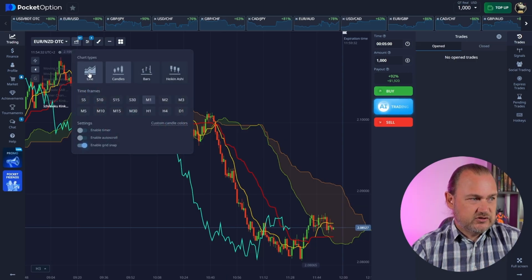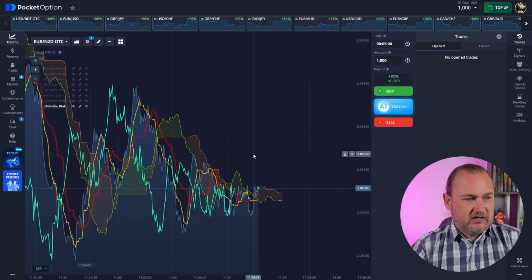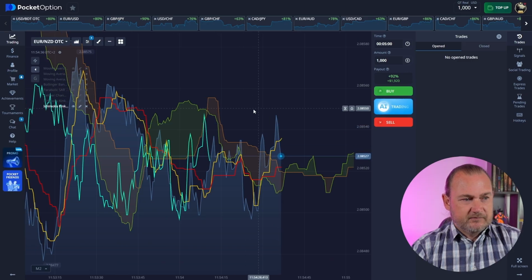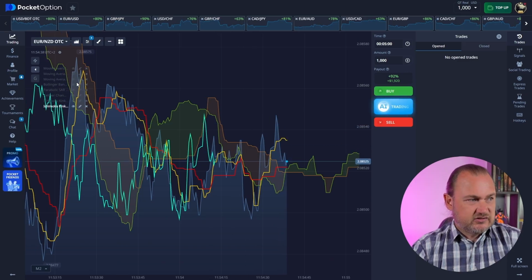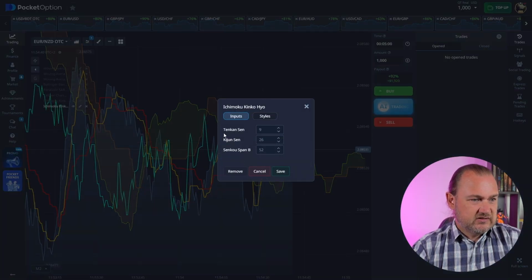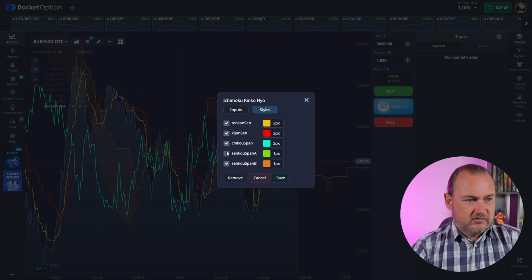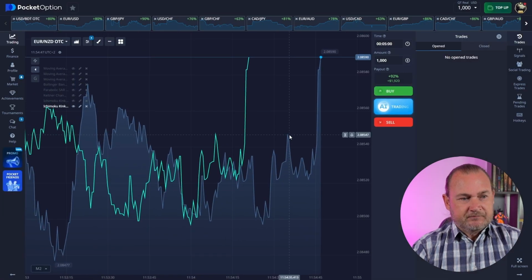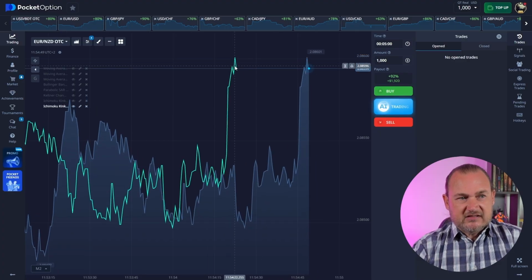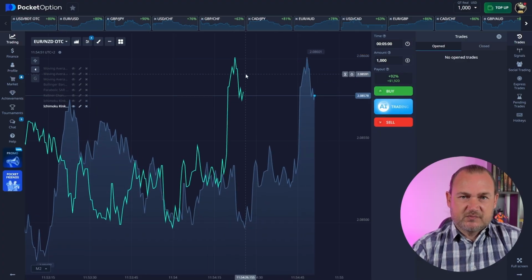Let's switch to a line chart quickly, and this will show you exactly. I'm just going to disable the rest of the lines just for a quick moment. There we can see that this is an exact copy of the price movement.